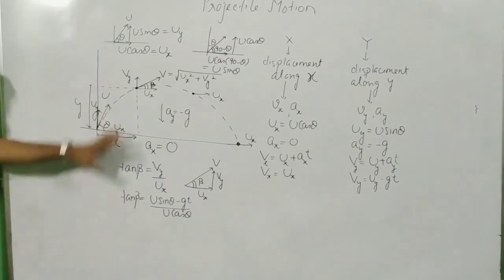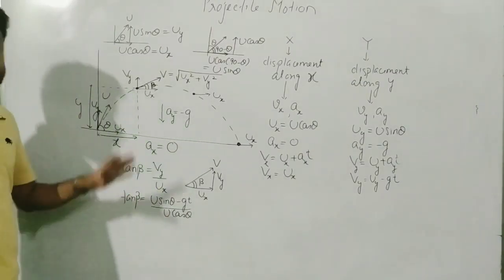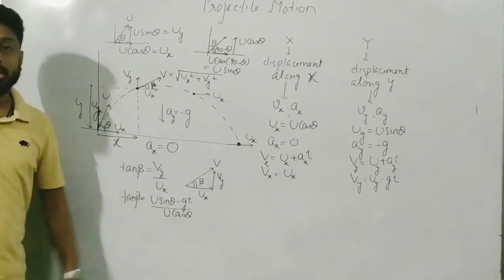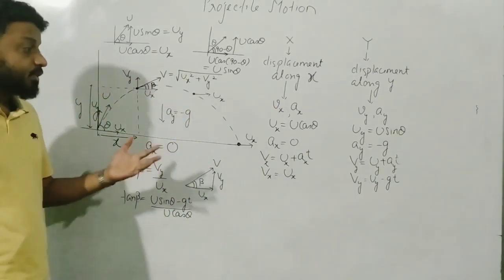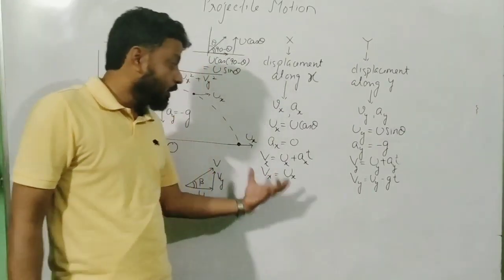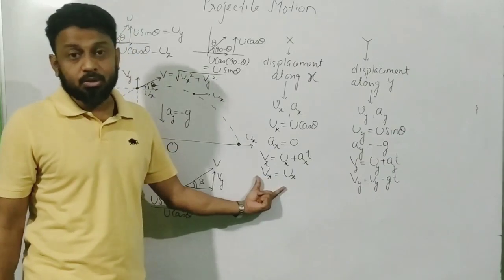What I have taught you just now is how to find the velocity at any instant of time in a projectile motion, provided the time is given to you. If time is given to you, your only job is to find the value of Vy, because you know Ux is not going to change.